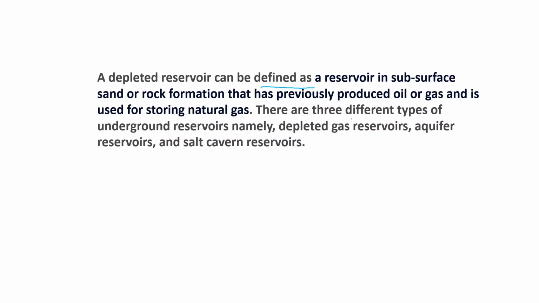There are three different types of underground reservoir, namely depleted gas reservoir, aquifer, and salt caverns. These are the three different types of underground hydrogen storage you have to study, along with their advantages and disadvantages.